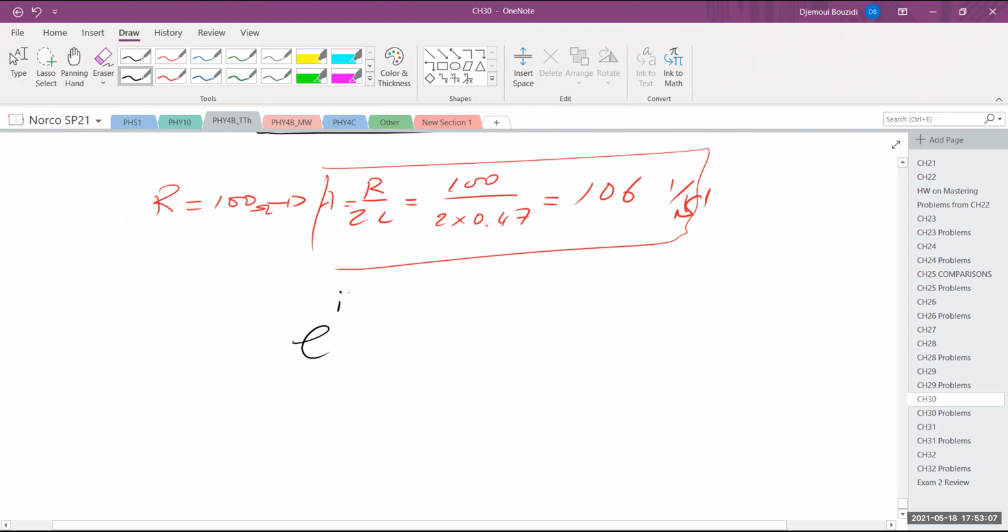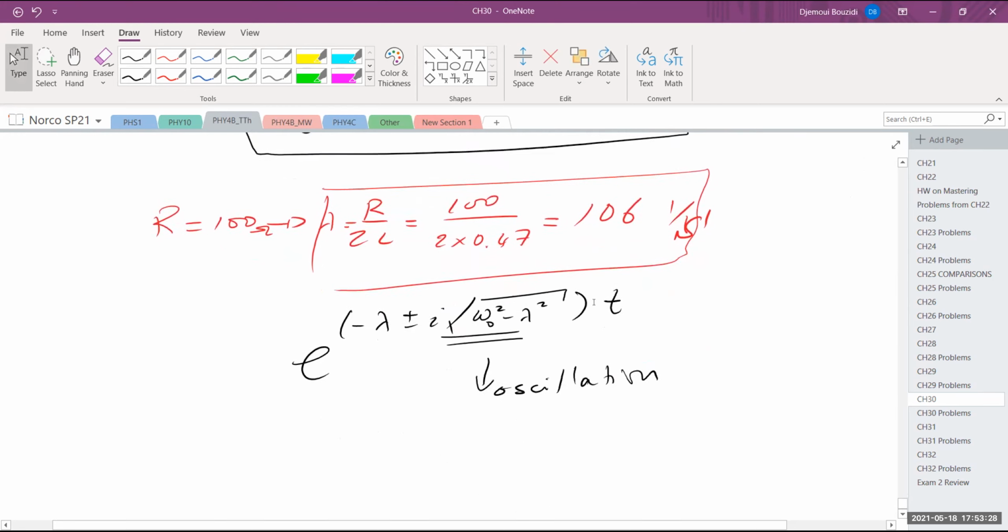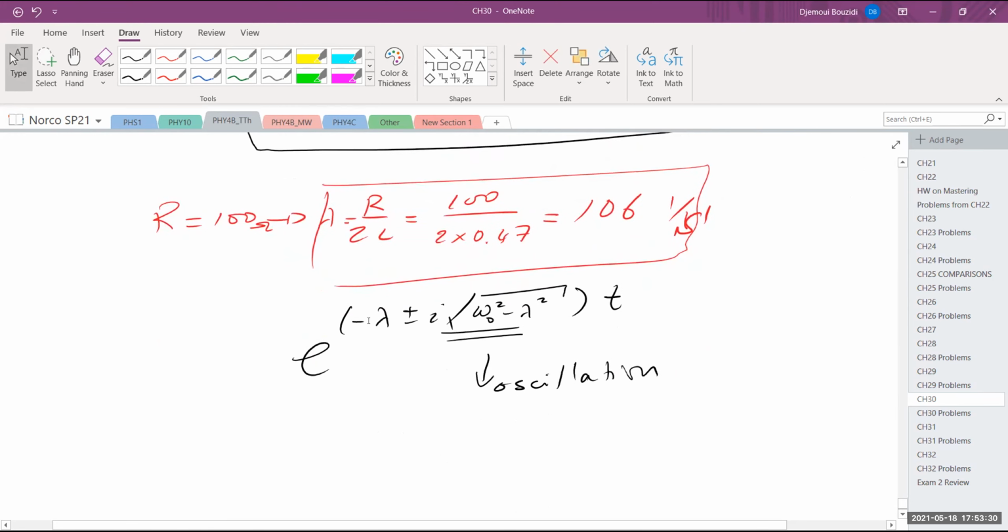It's alpha, and alpha, remember, is minus lambda plus or minus i times the square root. Now if I rearrange them, it's going to be positive times t. This is the oscillating part, namely cosine and sine, according to Euler's formula. And this is the part that is damped. So the solution should look like this.